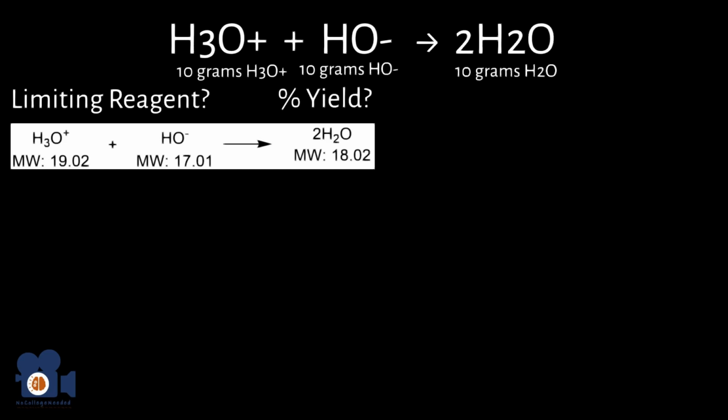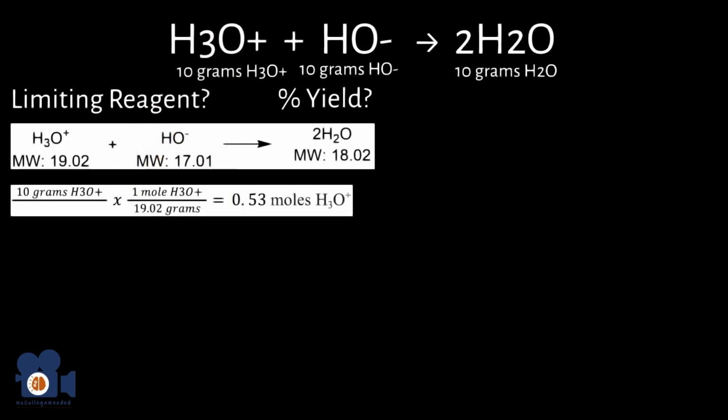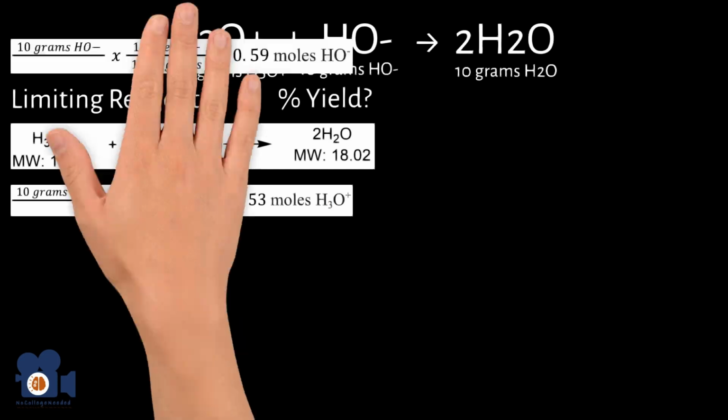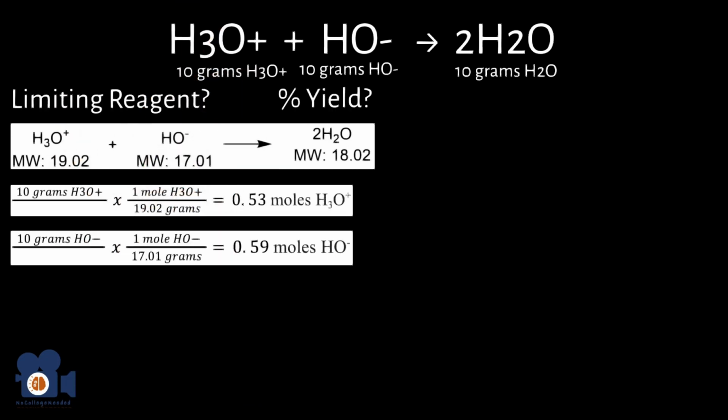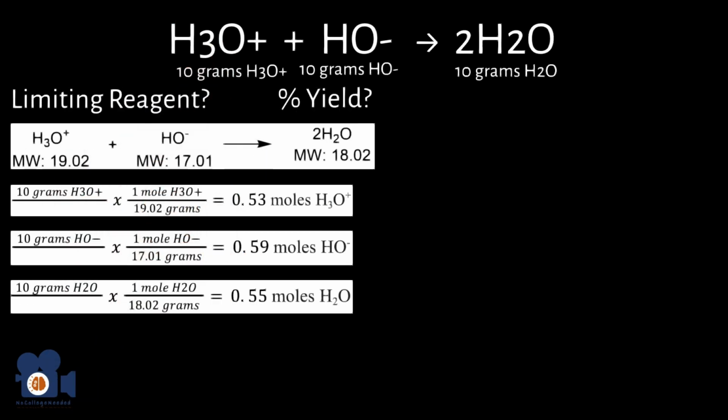The math looks like 10 grams H3O+ times 1 mole H3O+ divided by 19.02 grams equals 0.53 moles of H3O+. 10 grams HO- times 1 mole HO- divided by 17.01 grams equals 0.59 moles HO-. 10 grams H2O times 1 mole H2O divided by 18.02 grams equals 0.55 moles of H2O.